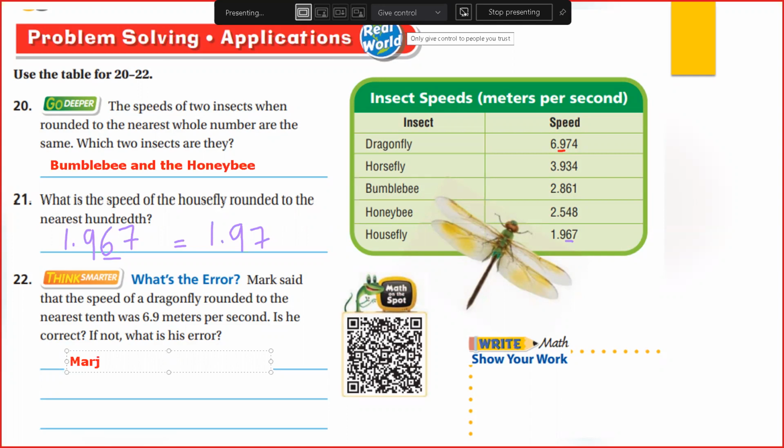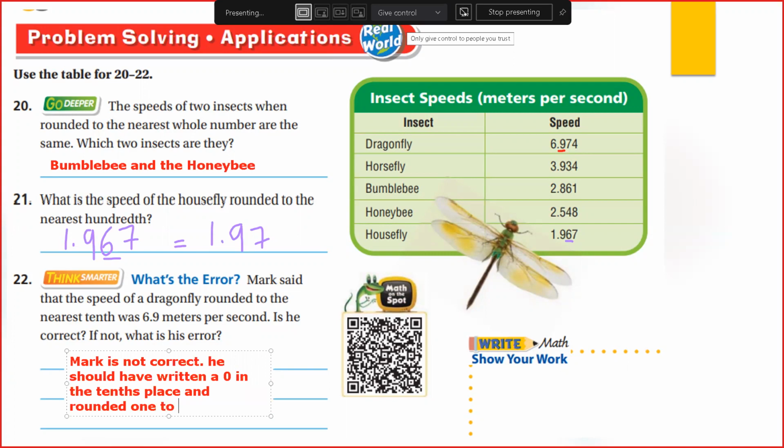It must be 7. I've written a 0 in the tenth place and rounded 1 to 7.